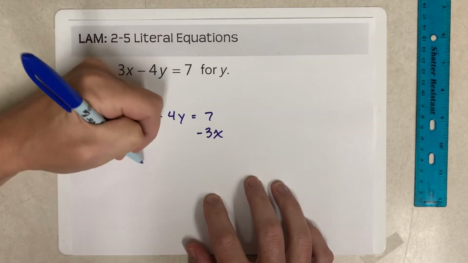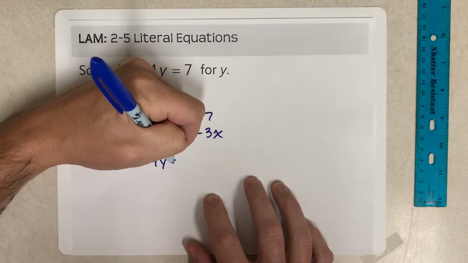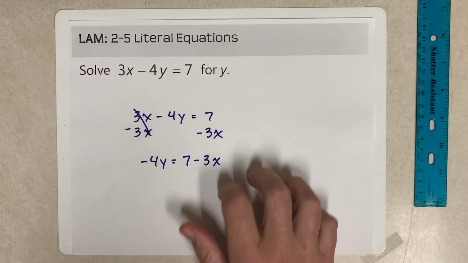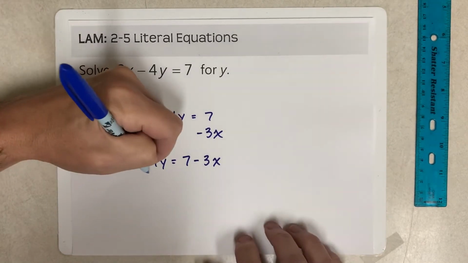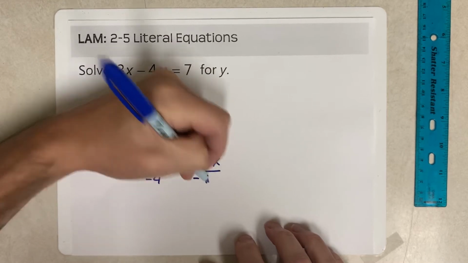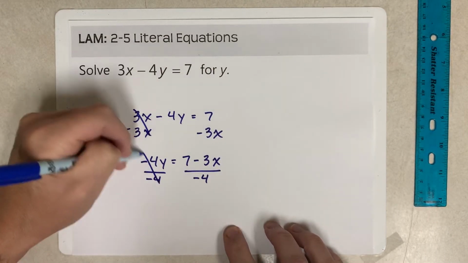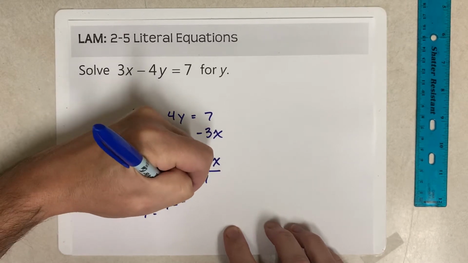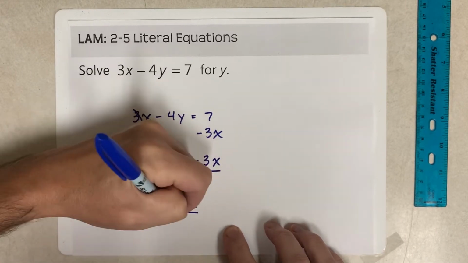Those cancel. Negative 4y equals, and I'm going to write 7 minus 3x because it's just easier that way. Now I can divide both sides by negative 4, the entire side by negative 4. Those cancel, and y is equal to 7 minus 3x over negative 4.